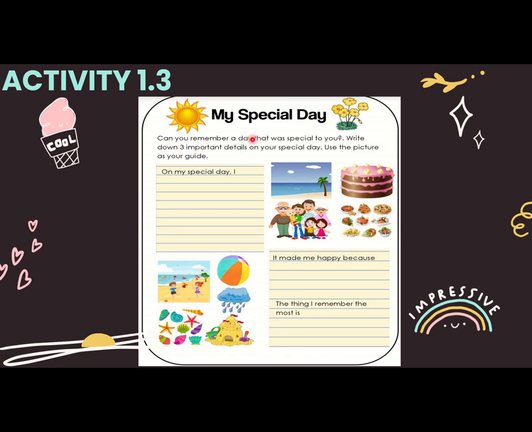Can you remember a day that was special to you? Write down 3 important details on your special day. Use the picture as your guide. So these are the pictures that you are going to use on this part. And for this part, you are going to use these pictures.